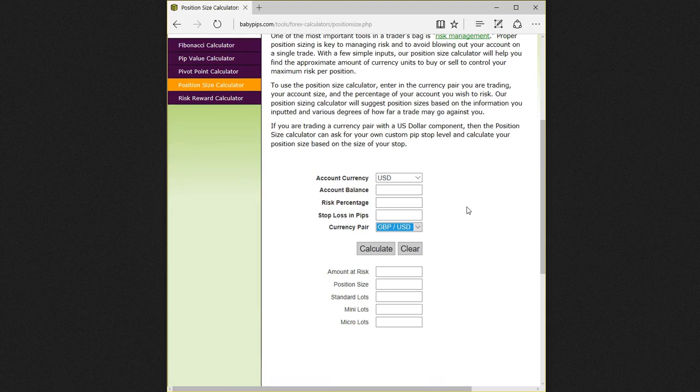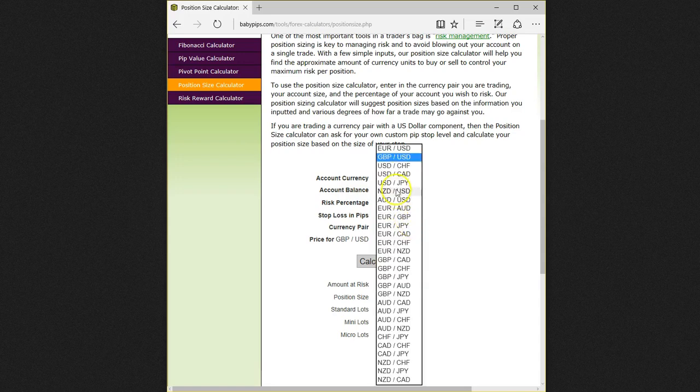If you remember from our example, we had a £10,000 sterling account. So a few things we can change: that to sterling, the account balance to 10,000, the risk percentage was 1, the stop loss from my entry was 100 pips away, and the currency pair we were trading was euro-dollar.